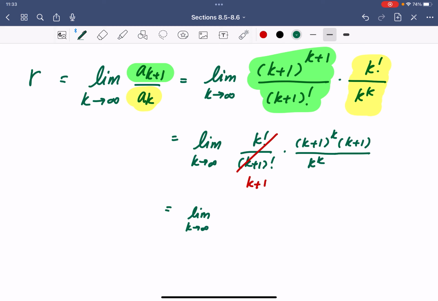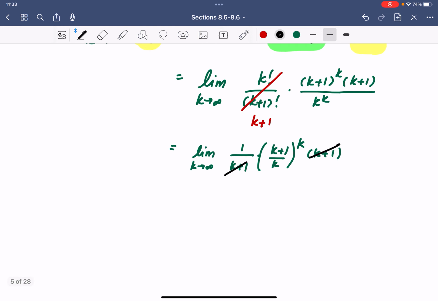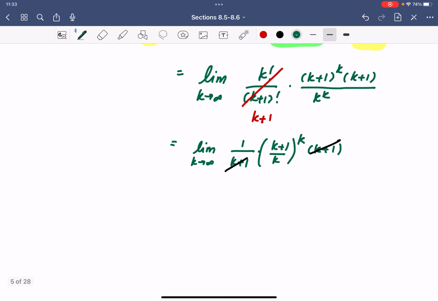Oh my god, that term cancels out as well. So 1 over k plus 1 for the first term. And then the second term we have k plus 1 over k to the k, and then k plus 1 again. So this term cancels as well. So basically you only have k plus 1 over k to the k. Limit of k plus 1 over k to the k.